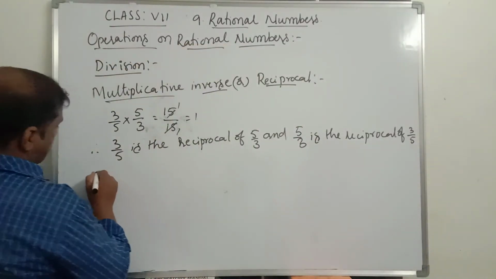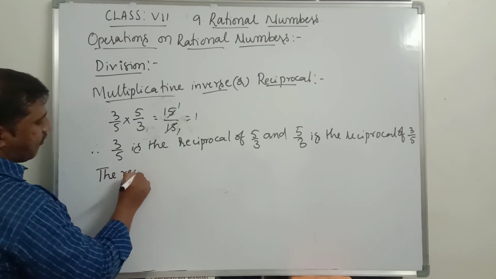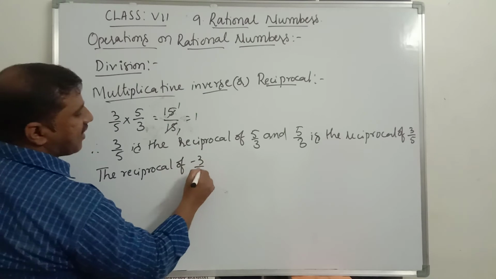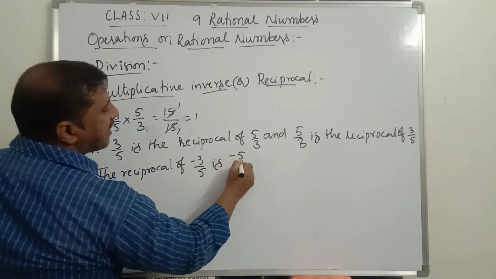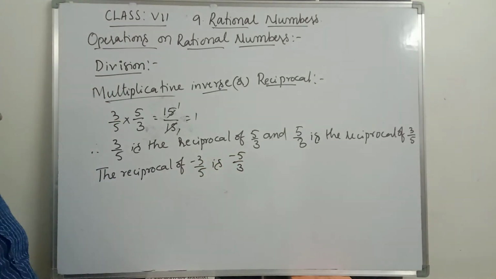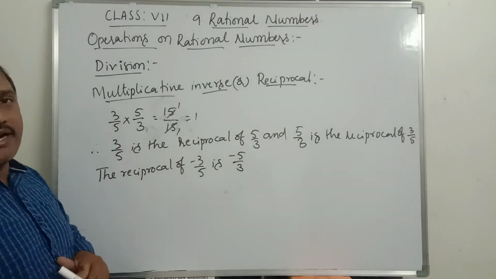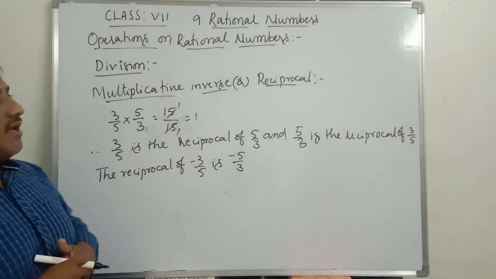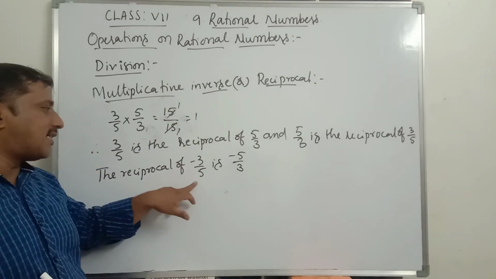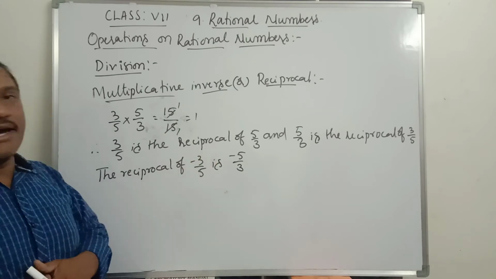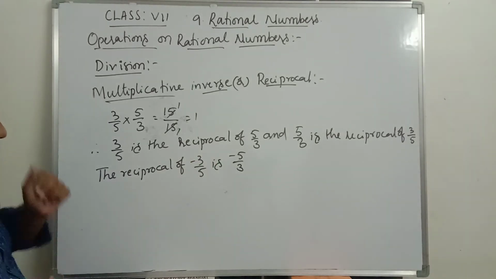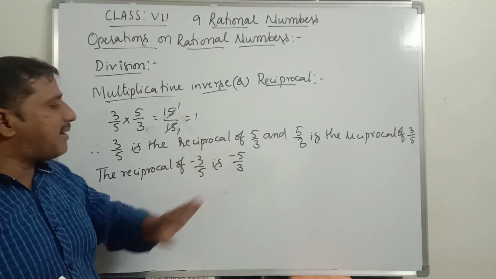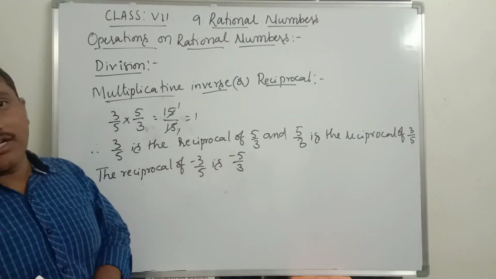Similarly, the reciprocal of minus 3 by 5 is minus 5 by 3. How are we getting the reciprocals? Just by interchanging the numerator and the denominator. Minus 3 by 5 becomes minus 5 by 3, or 5 divided by minus 3 also we can write.